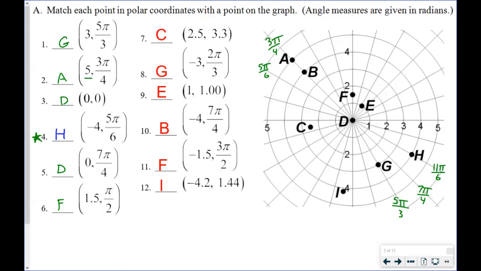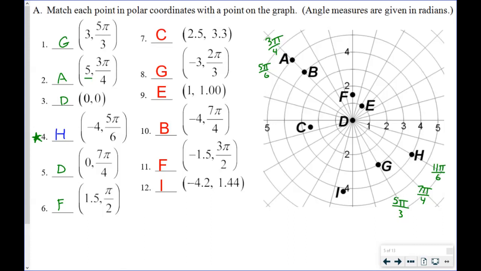So there's only one point that kind of sits there, which is C, right? And C ends up being also 2.5 units away from the pole. So anytime we're given a radian value with decimals, just compare it to what we know on the unit circle, pi or pi over 2, and figure out the general area and then pick the point that's there.